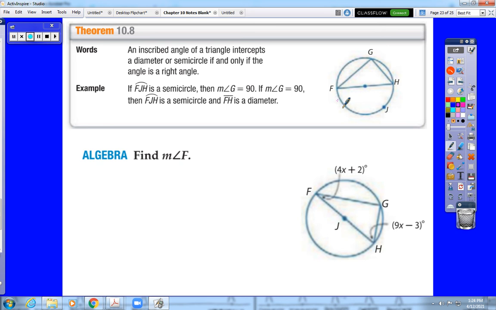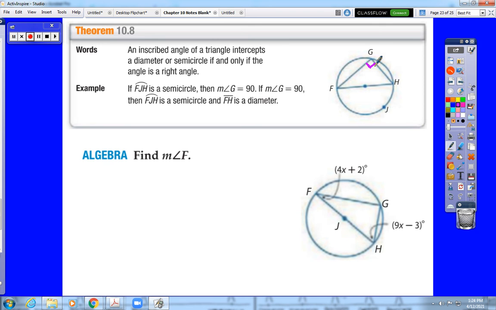Well, if that arc is a semicircle, what's the measure of a semicircle? 180. So angle G would have to be exactly half of that. What's half of 180? 90. So what this is saying is that angle G is a right angle if and only if FJH is a semicircle, meaning that FH is a diameter. Okay?